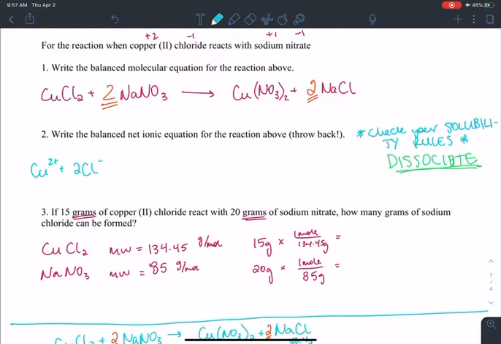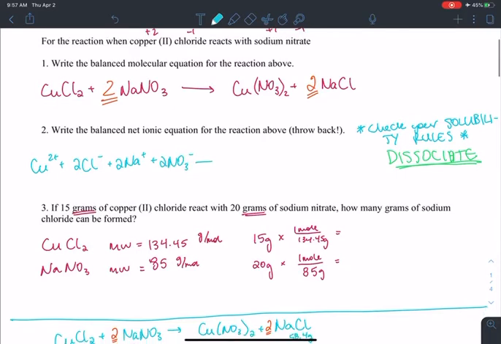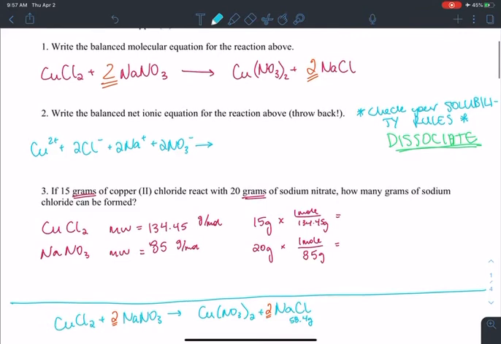All group 1A elements and all nitrates are soluble. So we have 2 sodium, 2 nitrate. Then copper nitrate, that's also soluble. And sodium chloride is also soluble and will dissociate in water. Right?